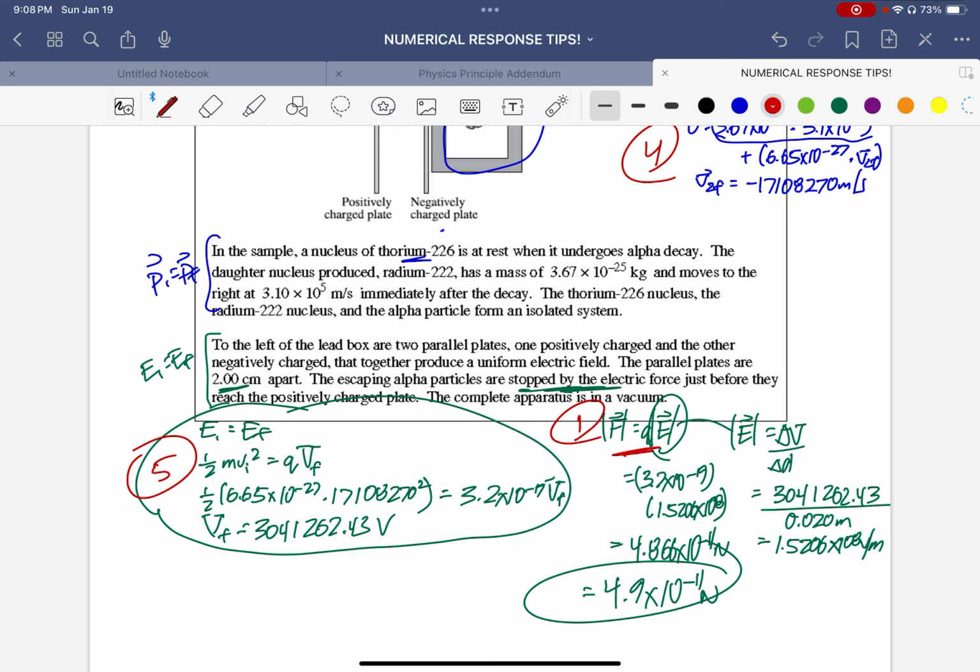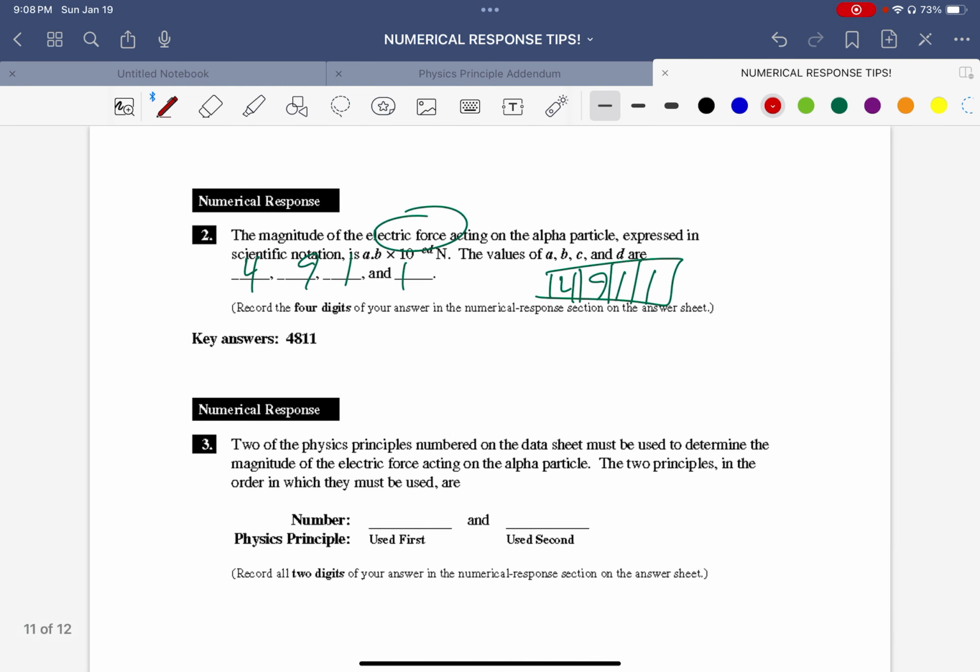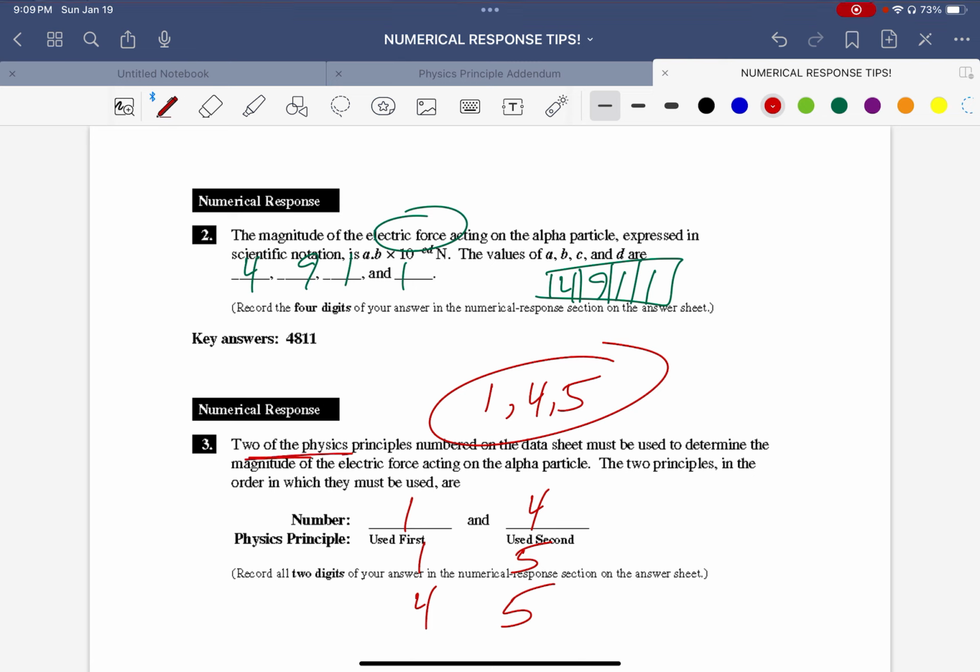The one that got us the answer, the one we did last, would be 1. Previous to that, it was 5, then 4. So we could list this as 1, 4. We could list it as 1, 5, or we could list it as 4, 5. Any combination of 1, 4, and 5. They ask us for 2 of the physics principles used. We used 3. You just need to identify 2 of the physics principles that you used.